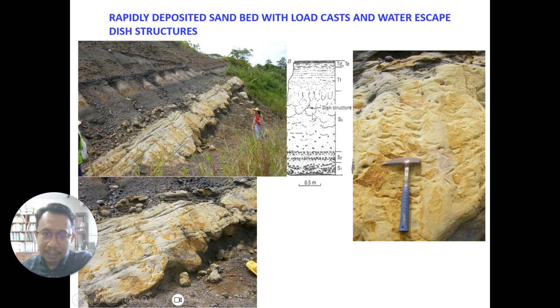They have a smiley concave upward shape inside the sandstone. These are caused by water trying to escape out of the sand layers, so you get these kinds of shapes. Again, it tells you that there was some kind of disturbance to the still soft sediment during that time, maybe an earthquake, or maybe a storm, and those kinds of things.